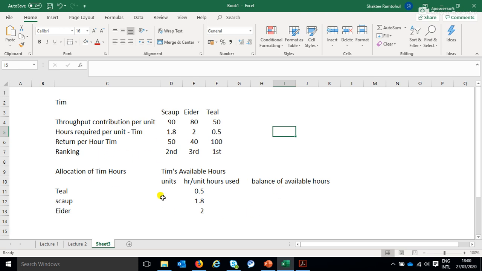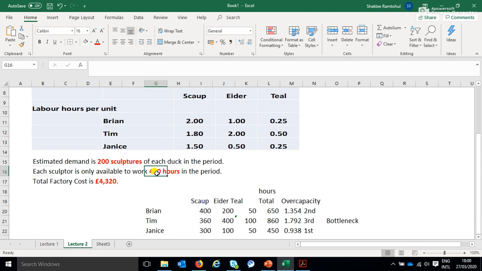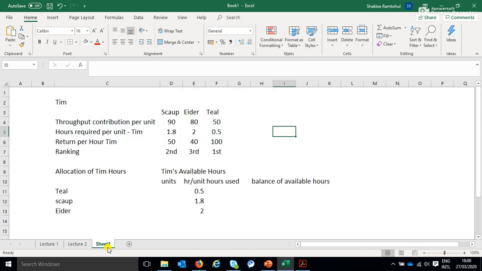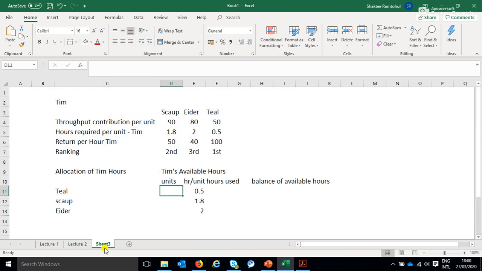Now, let's see how this works out, because if I take you back to the question, we were also told that each worker has 480 hours of available capacity. The aim is we want to produce the maximum units, and again, we want to produce 200 sculptures of each of these products. So let's see if we manufacture teal, and teal uses 0.5 hour for every unit.